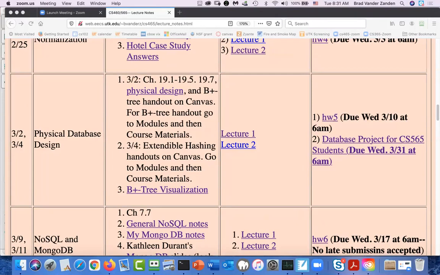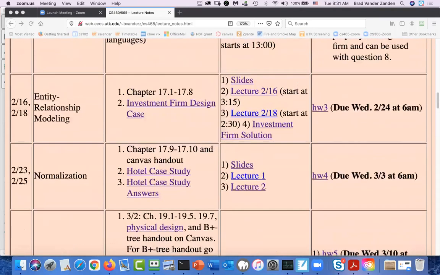So today is our second week dealing with design of a relational database. Last week we were talking about a technique called entity relationship modeling, which is a top-down approach to designing a relational database.